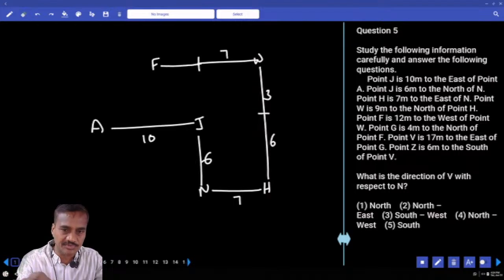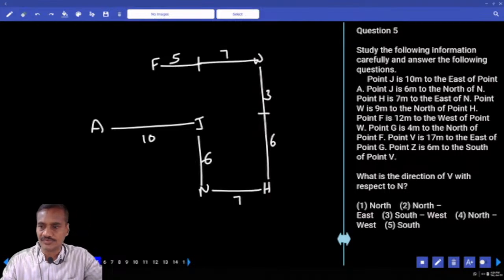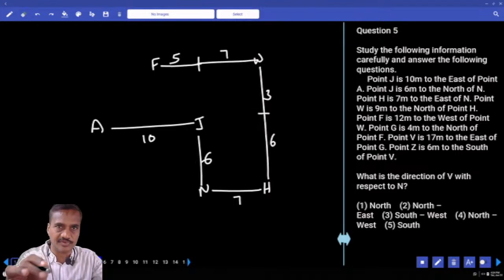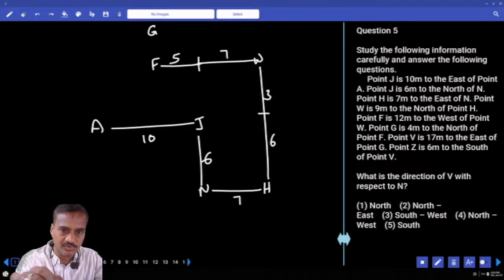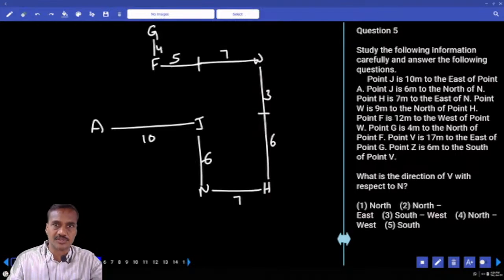Now F is 12 meters to the west of W. And G is 4 meters to the north of F. Now this is G, and who is 4 meters to the north of F.